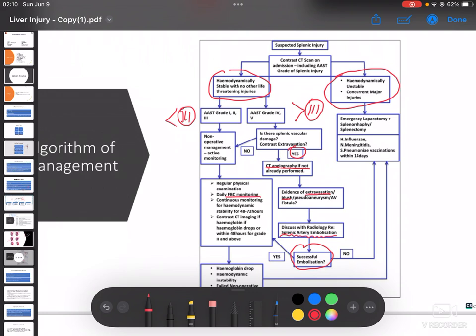What does FBC stand for? I think full blood count. Continuous monitoring of hemodynamic stability for 48 to 72 hours. Contrast CT imaging if hemoglobin drops within 48 hours for grade 2 and above.